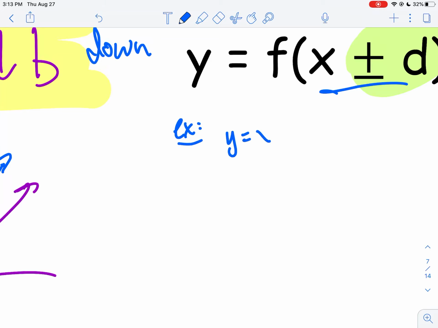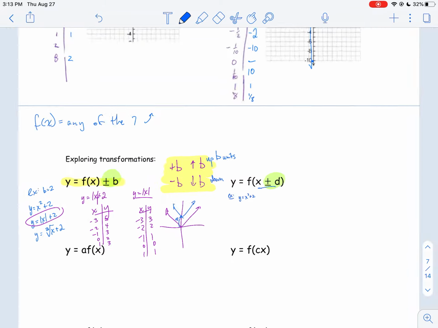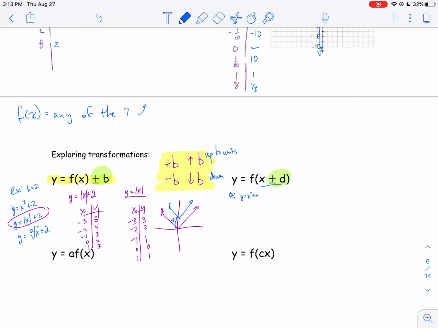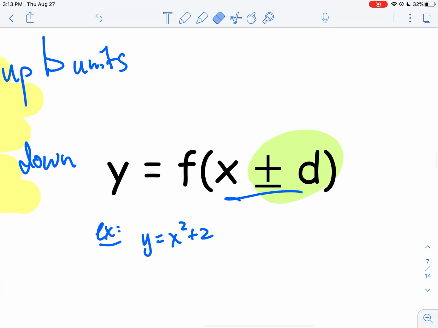Well, before I said y equals x squared plus 2, and you see the plus 2 is on the outside of the function, it's not in the x value. Here I'm replacing the x value with x plus or minus d. So instead of putting the 2 on the outside, I need to put the plus 2 with the x.